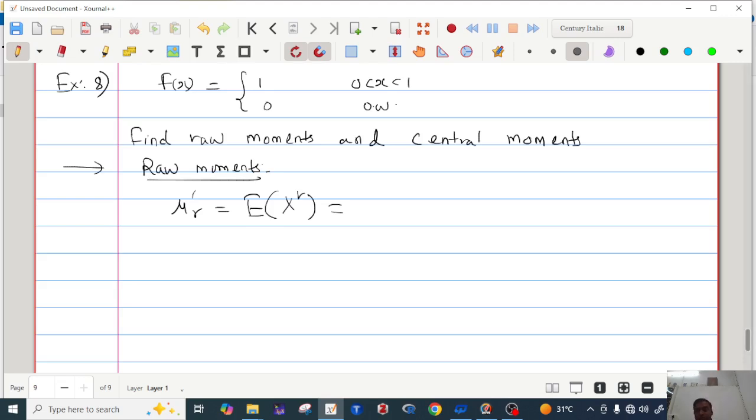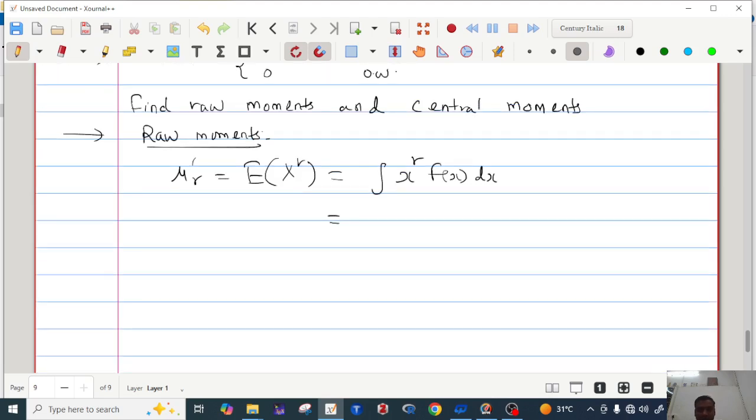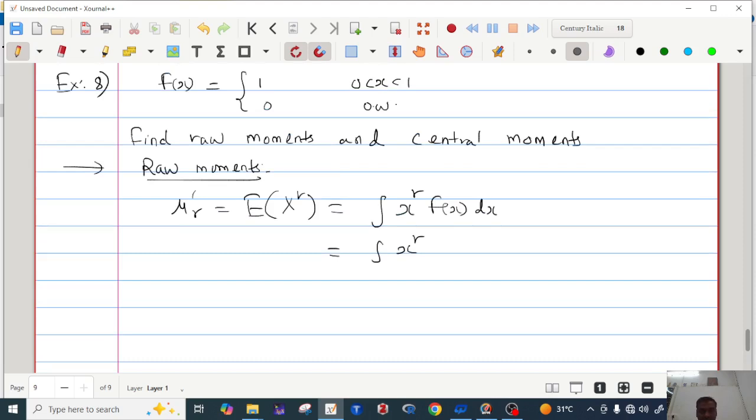So it is integration of x raised to r f of x dx, and f of x is 1.